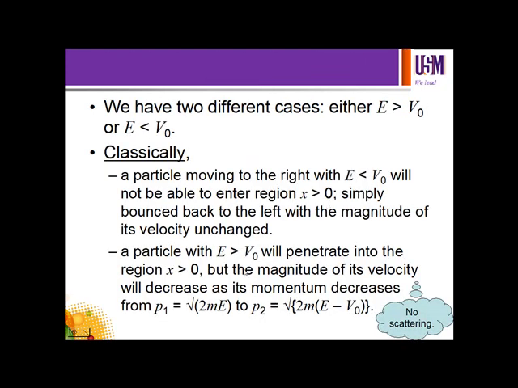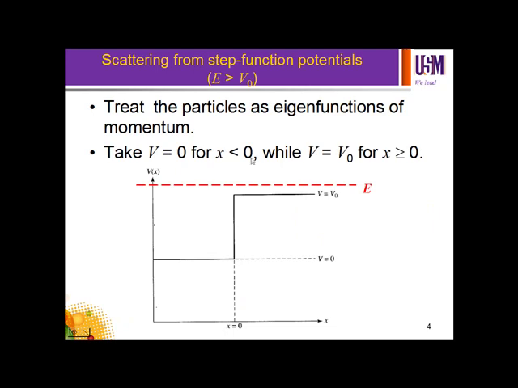So the particle will penetrate into region x greater than 0, but the magnitude of its velocity will decrease as its momentum decreases from P1, that is square root of 2mE, to P2, square root of 2m(E minus V naught), because now we have a potential of V naught there. So the momentum will decrease.